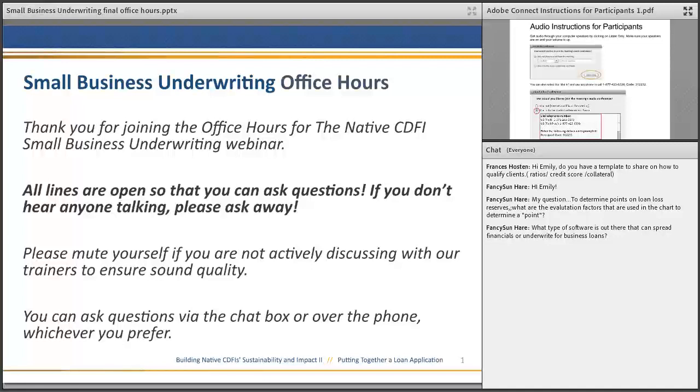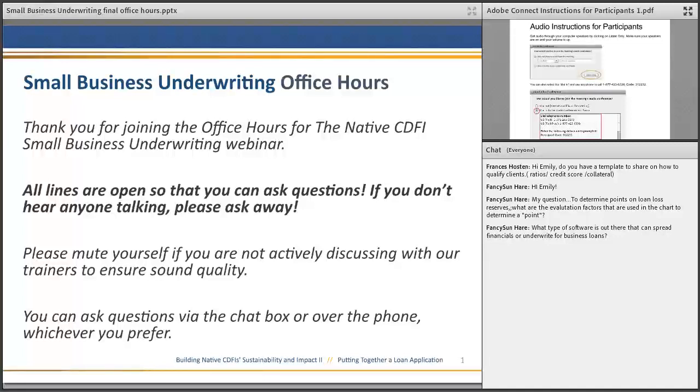Well, I think you've already got the right idea that you want to require a business plan that is the right size for the business you're talking about and the loan size. A simplified business plan probably has a lot of the same elements of a fully developed one.